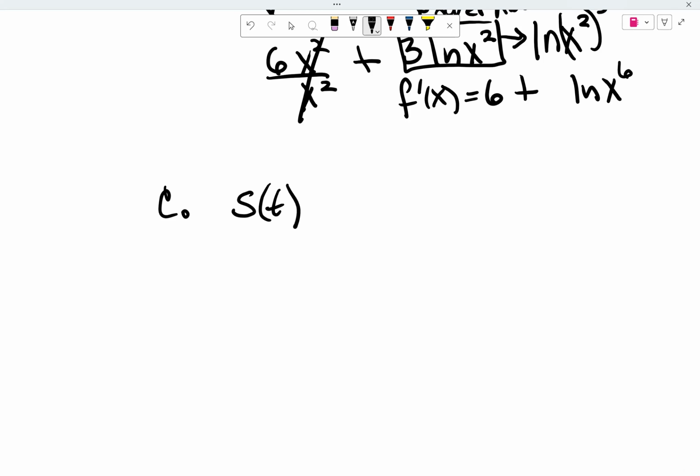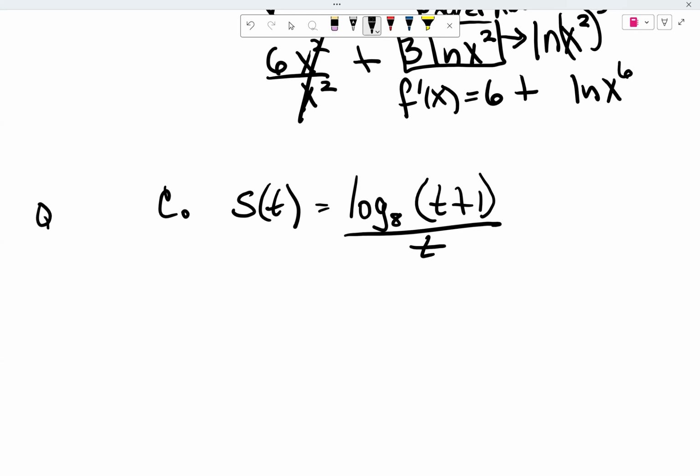So we begin with our function where s of t is equivalent to log base 8 of t plus 1, and this is over t. So immediately I'm thinking quotient rule.